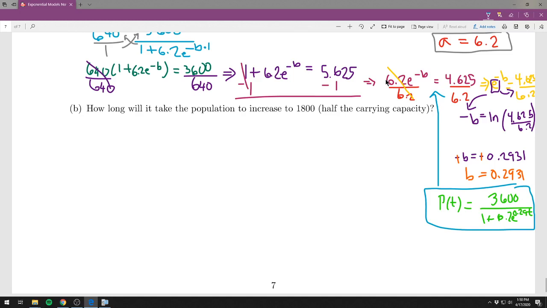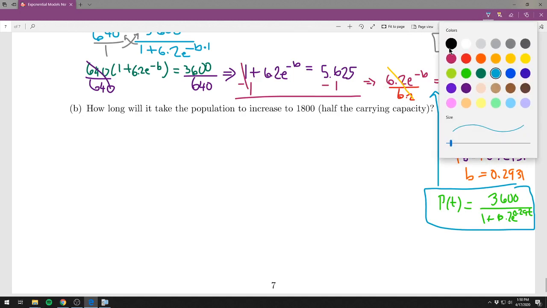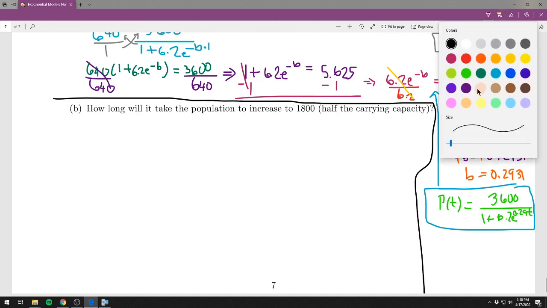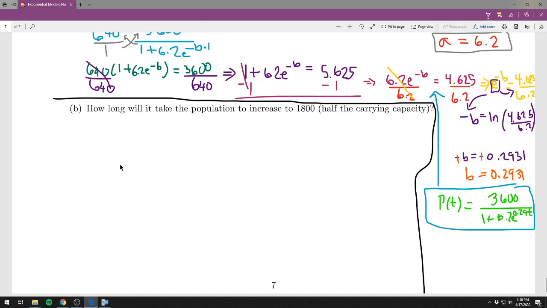So we have the formula. More practice with that. And once again, let me box this stuff off. The next part here is just figuring out how to use the formula for that special point. It says, how long will it take the population to increase to 1800, which is half the carrying capacity?